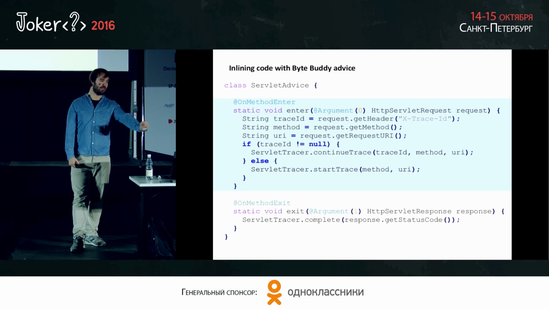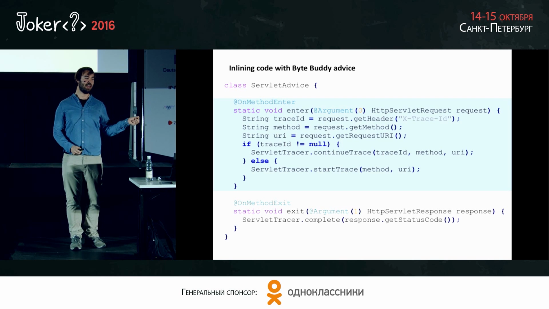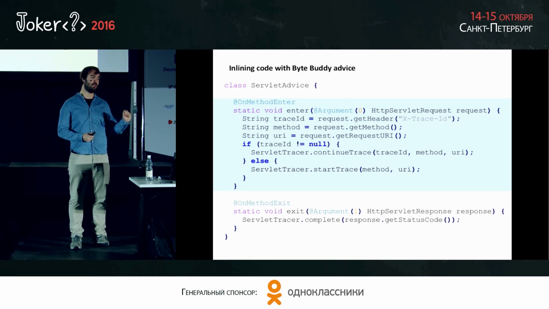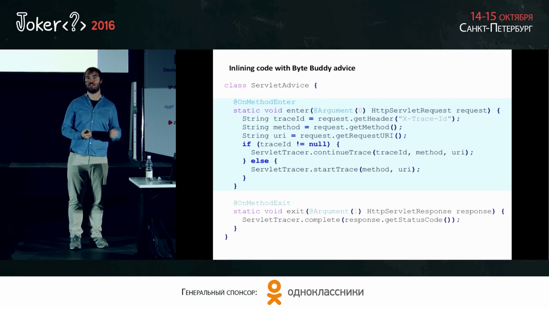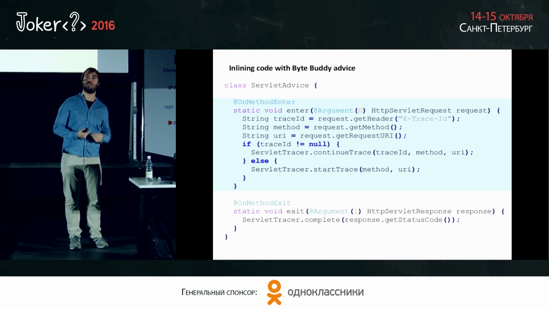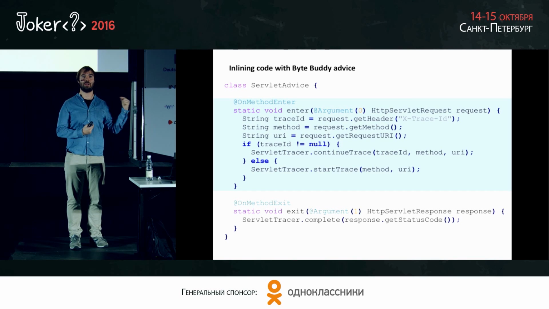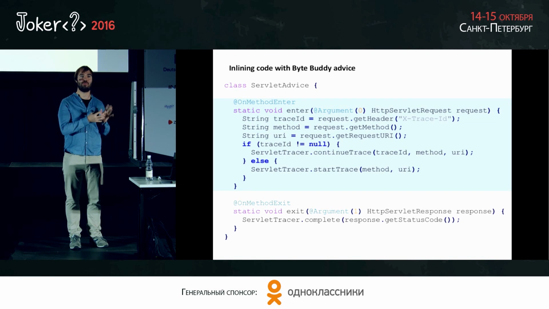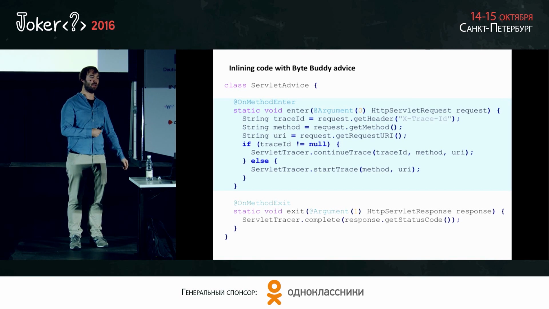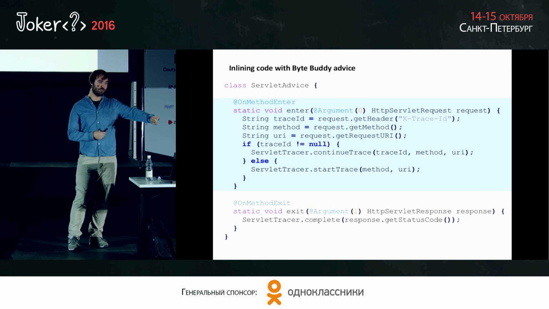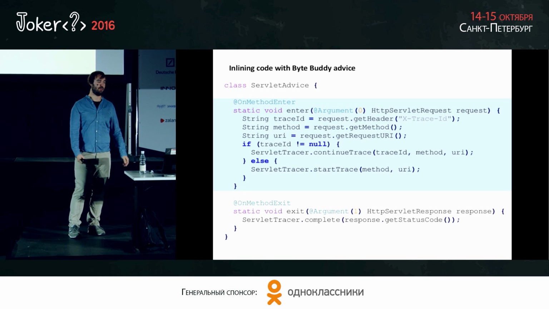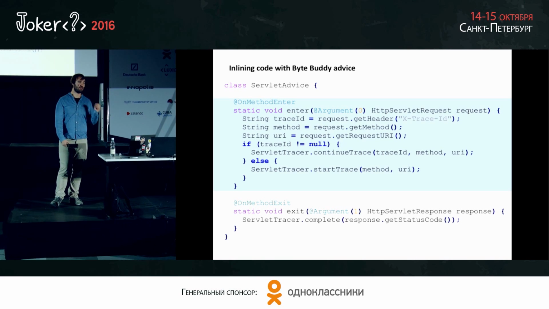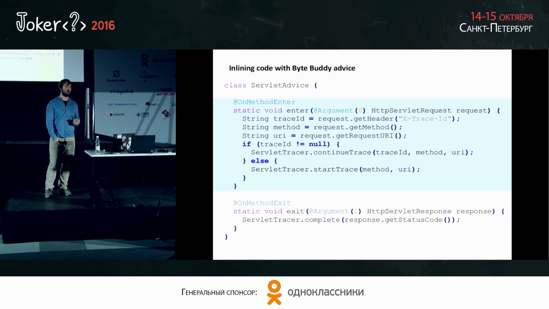So, we get this zero argument, zero-based index, which is the request, and now we check for the trace ID. So we want to see, for example, X trace ID. So we now can check if a request is coming from another machine in our network, if we are continuing an existing trace. We also want to note down the method of the request, if it's a get or a post, or a delete or whatever, and we want to record the URI.